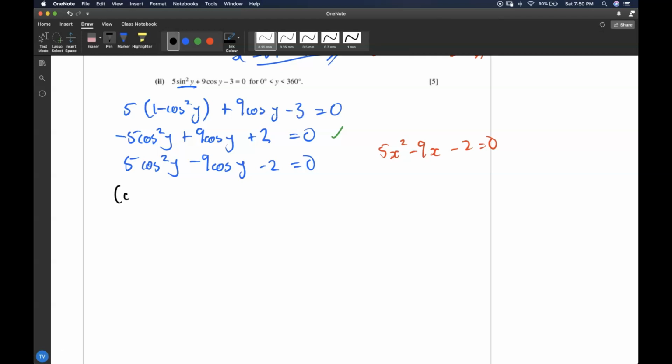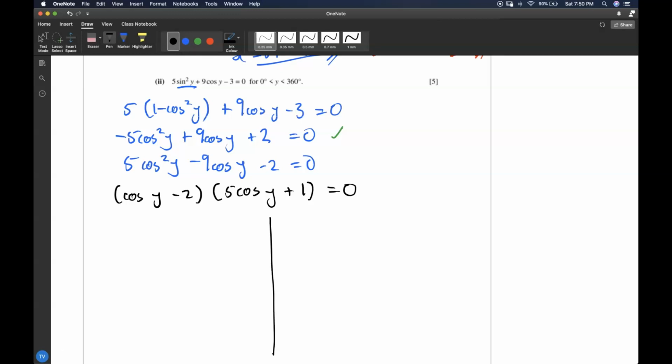You will end up with (cos y minus 2)(5 cos y plus 1) equals 0. So let me just erase this. Okay. So now notice that you have two answers. I'm just going to split this into two parts. On one side, cos y equals 2. On the other side, cos y equals negative 1 over 5.